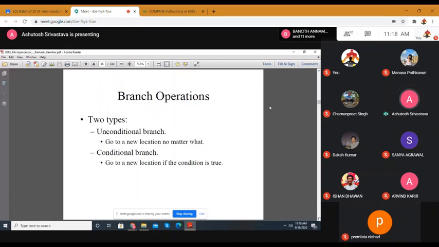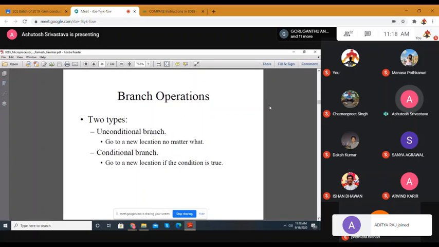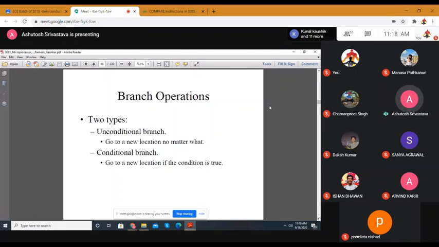Then you have different types of branch operations. In particular, you have two different types of branch operation. One is your unconditional branch, while the other one is your conditional branch.